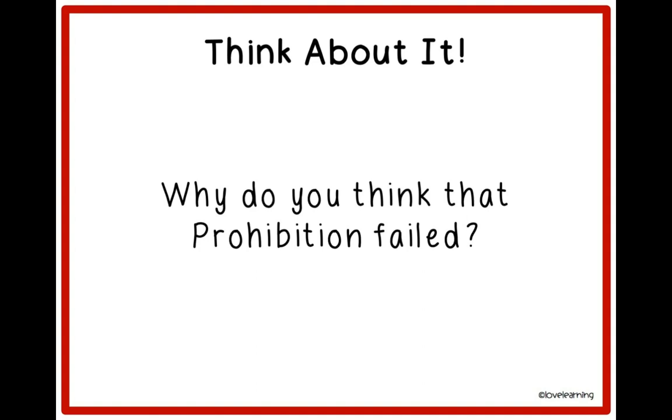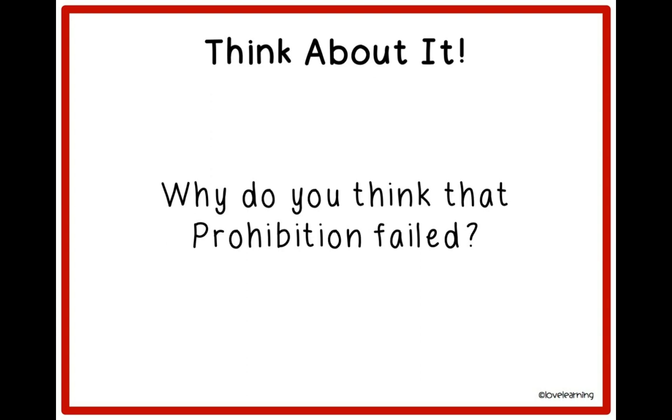So let's think about it. This is going to be another discussion board question that you'll need to respond to. Why do you think that prohibition failed? We have the causes of prohibition. We have the effects of it. So you have three different effects.